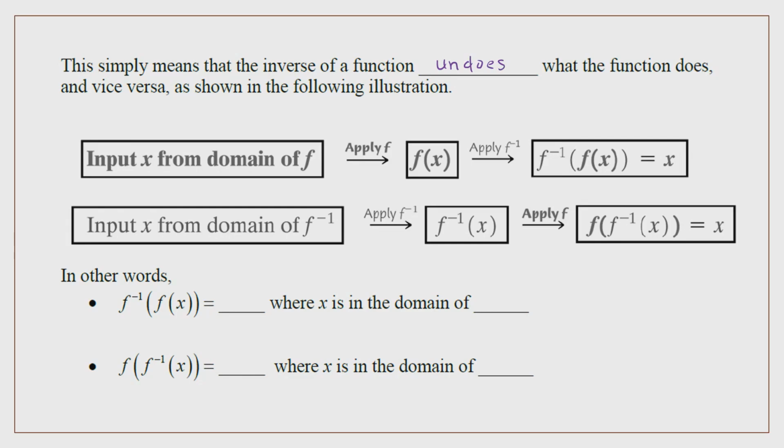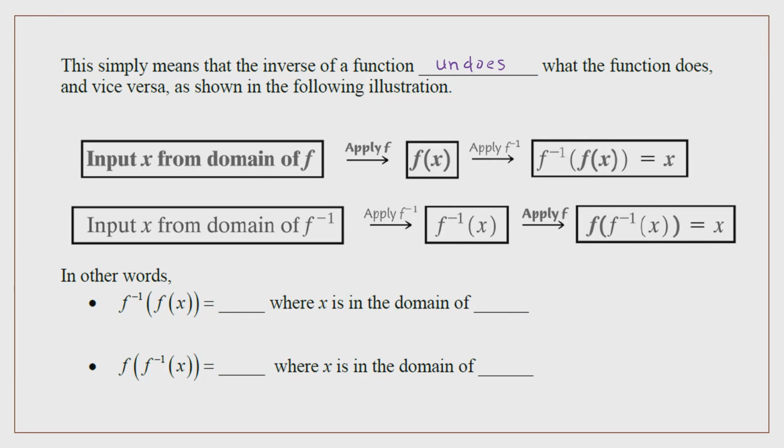Input x from the domain of f is applied to f of x. If we apply the inverse function of f, the inverse function of f of f of x will equal x. If we take the input x from the domain of the inverse function of f and apply it to the inverse function of f of x, then apply that to f, we will get x.